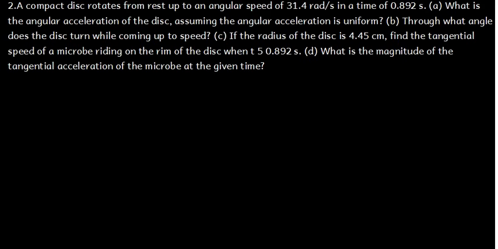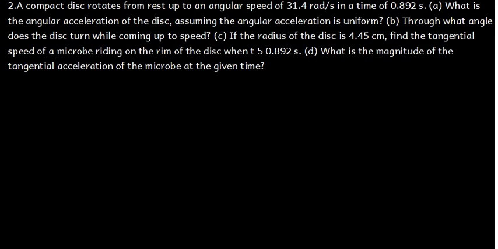We have a compact disk that rotates from rest up to an angular speed of 31.4 rad per second in a time of 0.892 seconds. What is the angular acceleration of the disk?